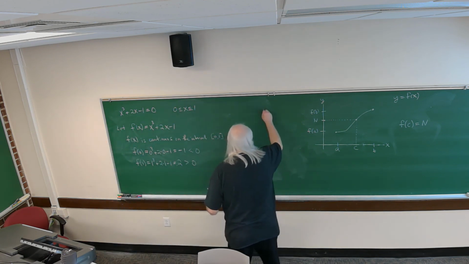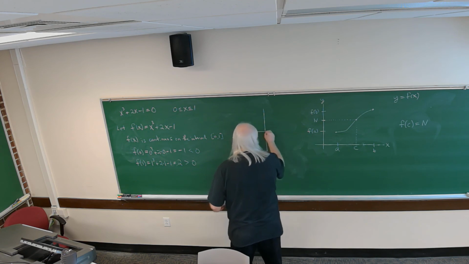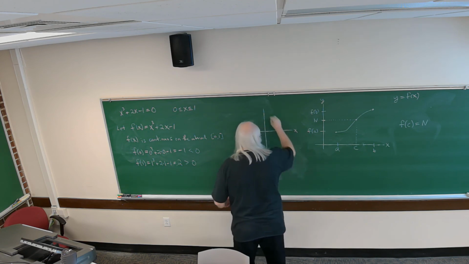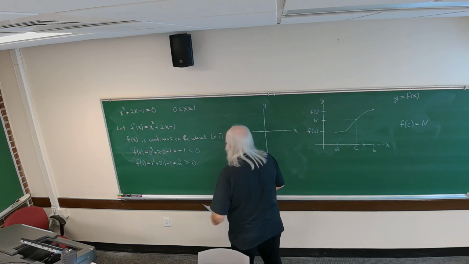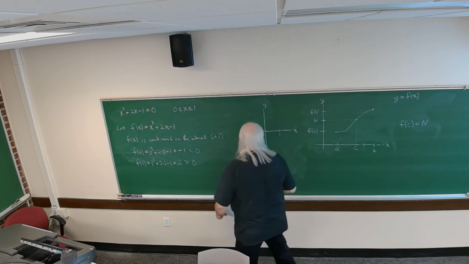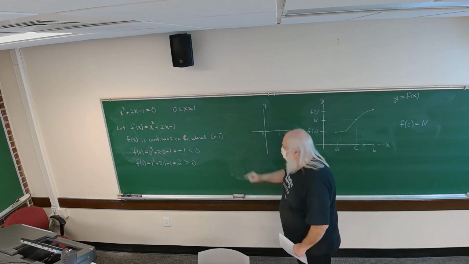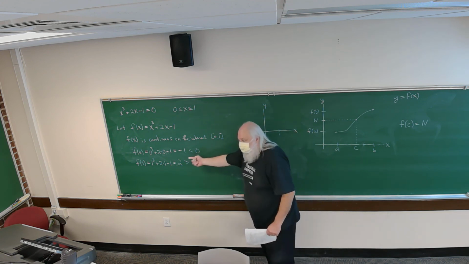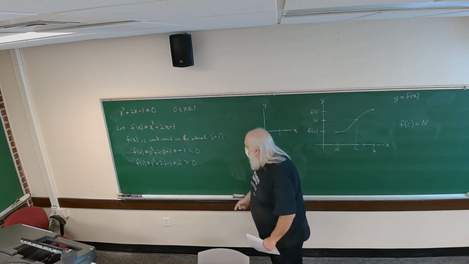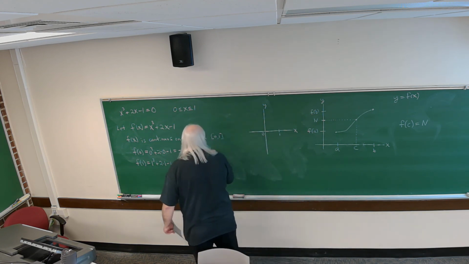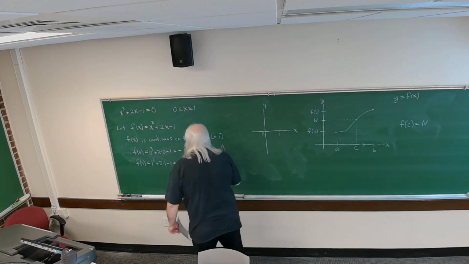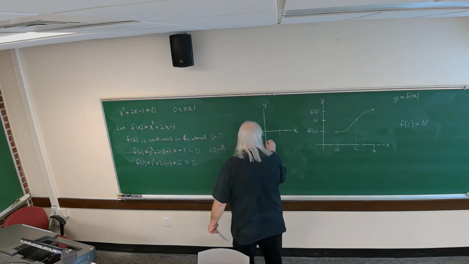So in the graph of this polynomial function from x equals 0 to x equals 1, at x equals 0 this is the y-intercept. The point (0, -1) is on the graph.